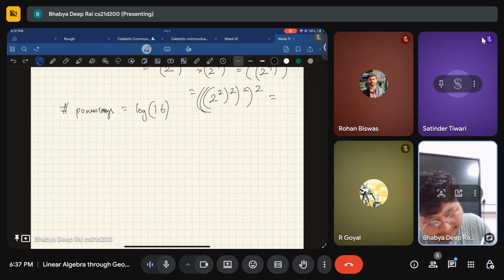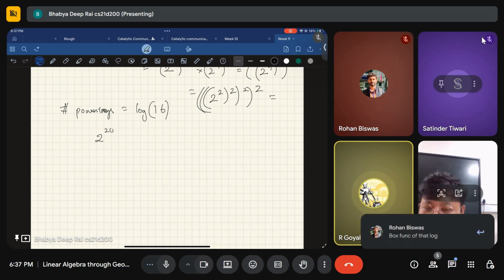Oh, by the way, what if you get something like 2 to the 17, or let's say 2 to the 20? This is not a power of 2. So then we can represent this 20 as a sum of powers of 2. That's right. You can use a floor function of that log.